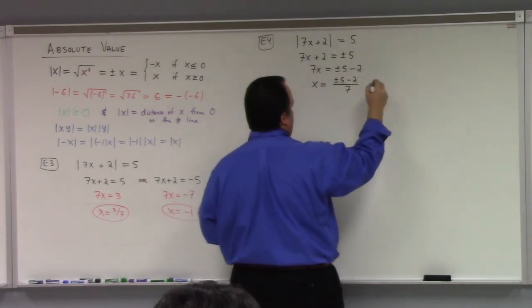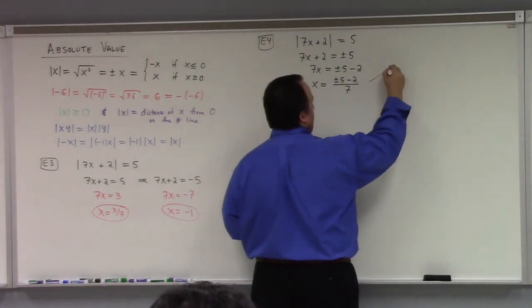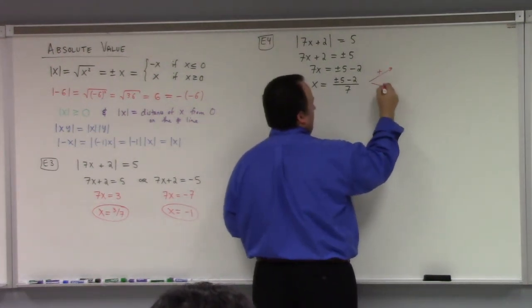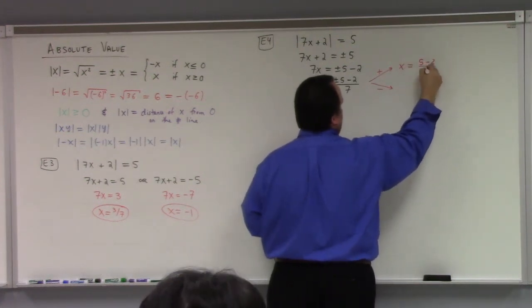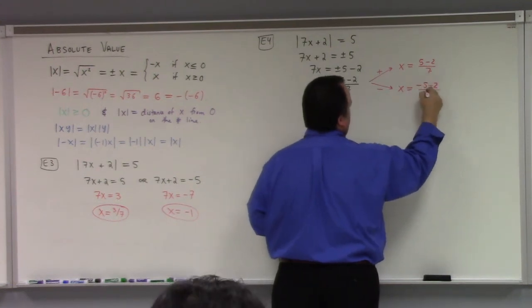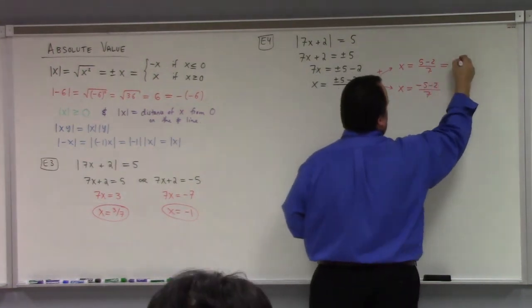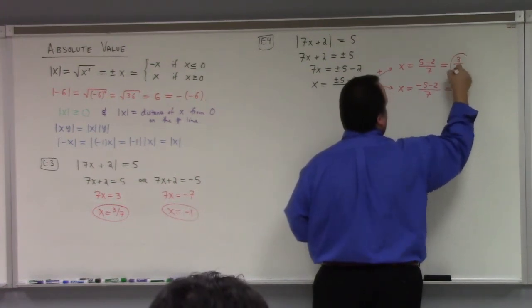And that gives us either x equals 5 minus 2 over 7, or x equals minus 5 minus 2 over 7. So of course that's 3/7 or minus 1.